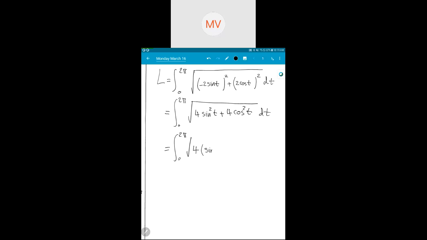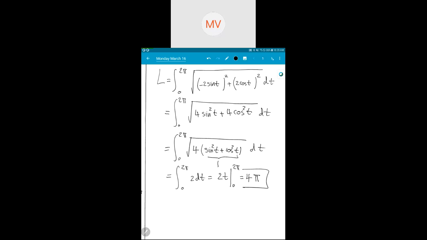We get sine square t plus cosine square t. Someone type what the value of that is. Very nice, Athena. That's 1. So under the square root we have 4, and the square root of 4 is simply 2. So we have the integral from 0 to 2 pi of 2 dt. That's a simple integration: 2t from 0 to 2 pi, which is 4 pi.